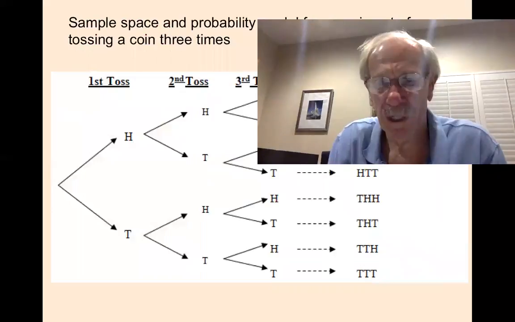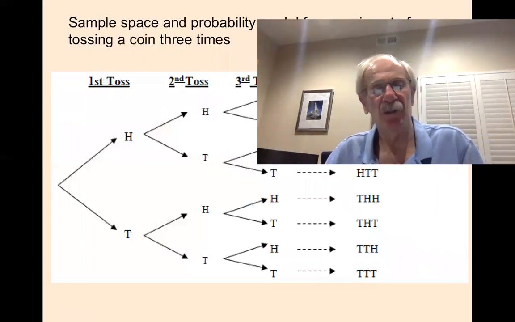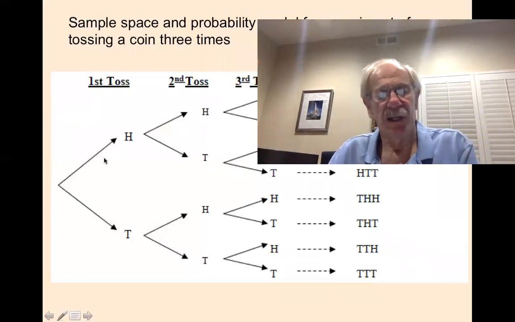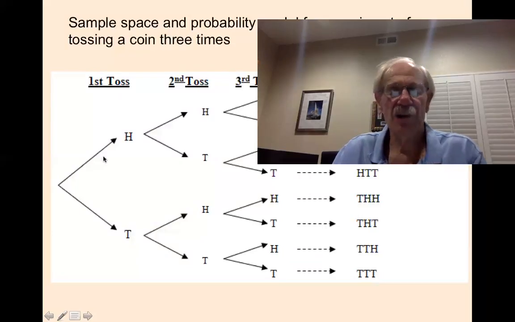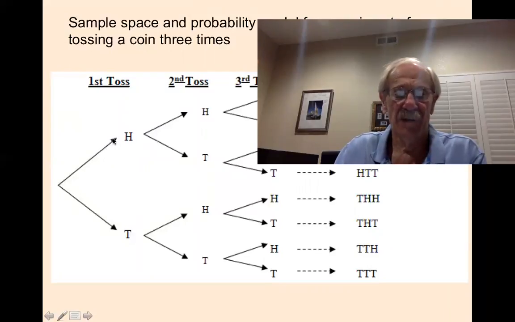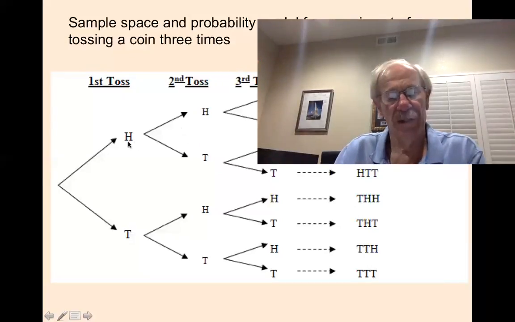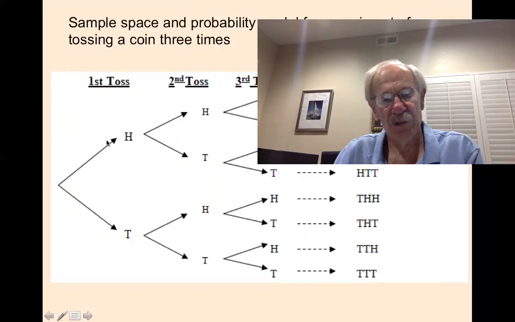So the technique that you want to use is to list all the possible outcomes. On the first toss, you get a heads or a tails. On the second toss, you're going to get a heads or a tails too, but you have two combinations here. The first toss was heads and the second toss was heads here, and the first toss was heads and the second tails.